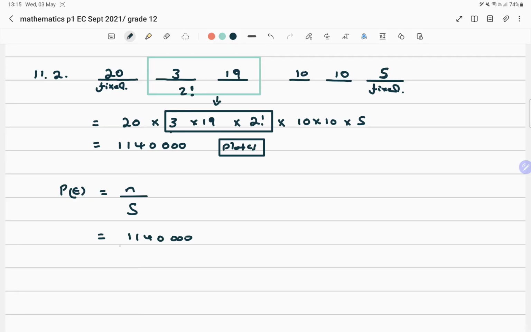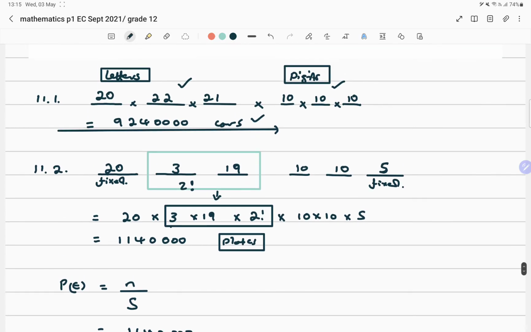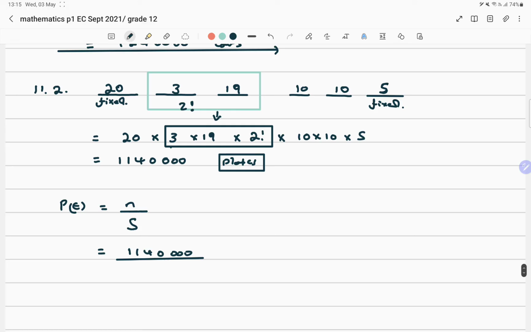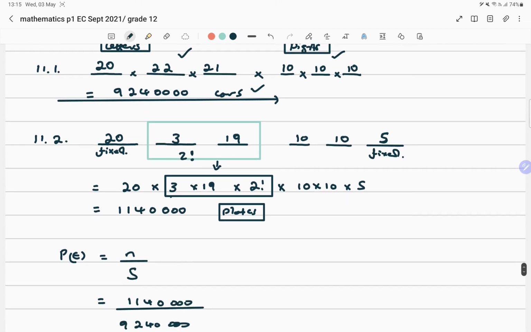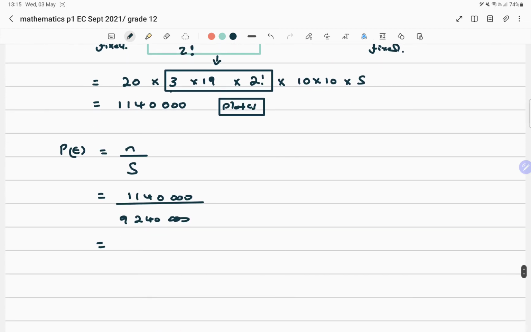Now the number is 1,140,000, divided by the total, which was 9,240,000. So this question is always a naughty one. It's a nasty one.